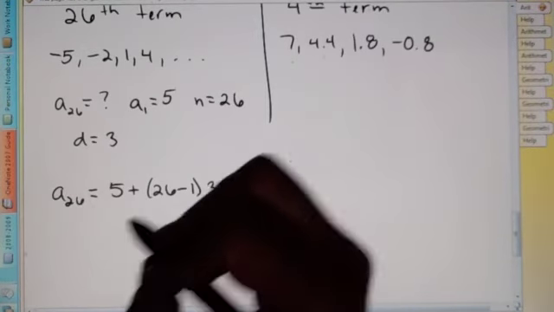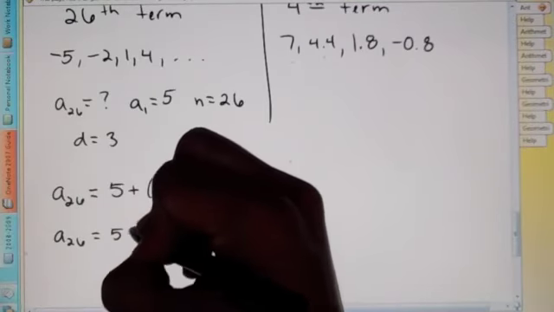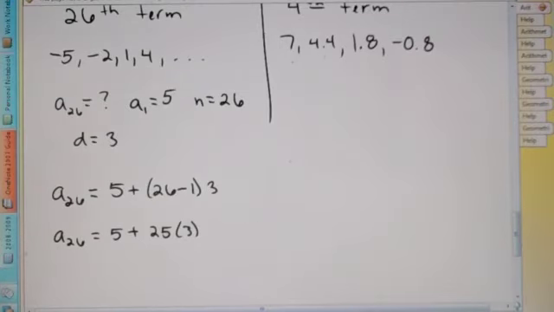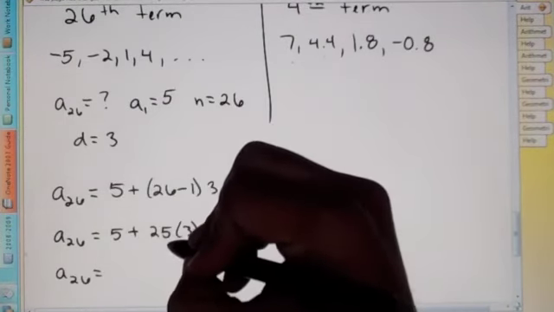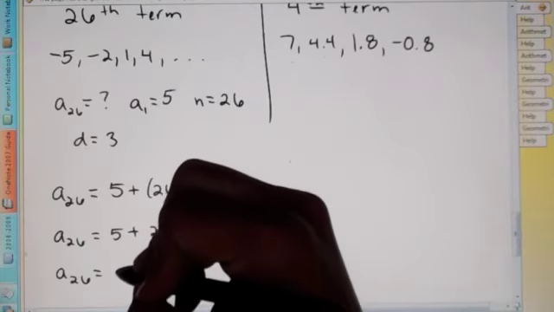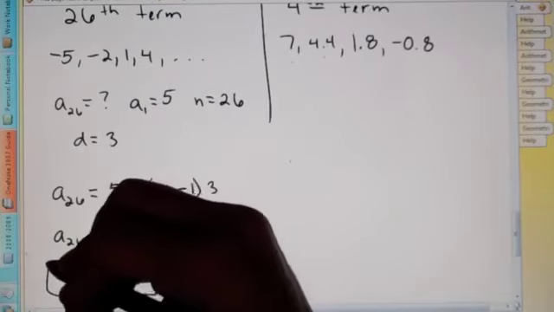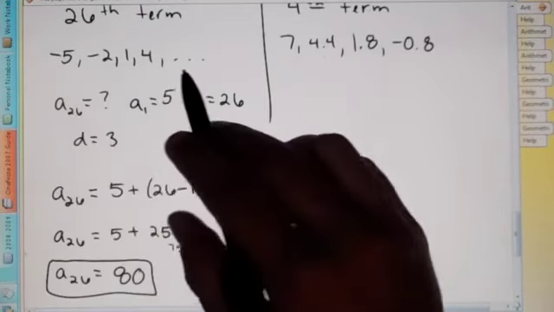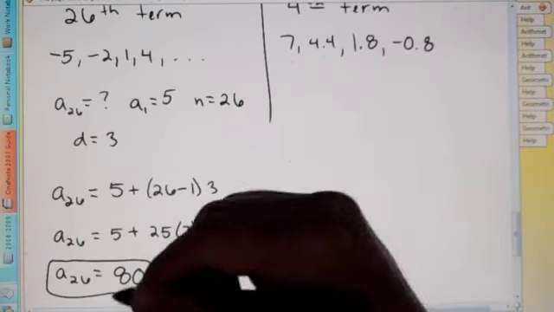So a sub 26 is equal to negative 5 plus 25 times 3. 25 times 3 gives us 75. 75 plus negative 5 is 70. So this would be our final answer. If I were to keep going with this sequence, adding 3 each time, the 26th term is going to be 70.